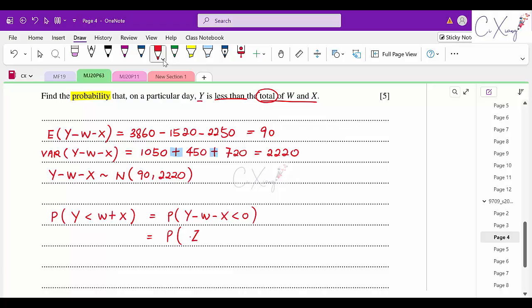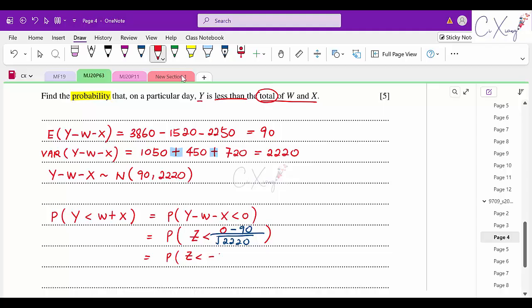Therefore, to find the probability, I have to standardize it to become z. How to standardize it? You take the value of the variable minus the mean, divided by the standard deviation. So what is the standard deviation that you have? Square root of 2220. 2220 is a variance, yeah? So when you take the standard deviation, you have to square root the variance. Then from here, press the calculator and get the value of z.